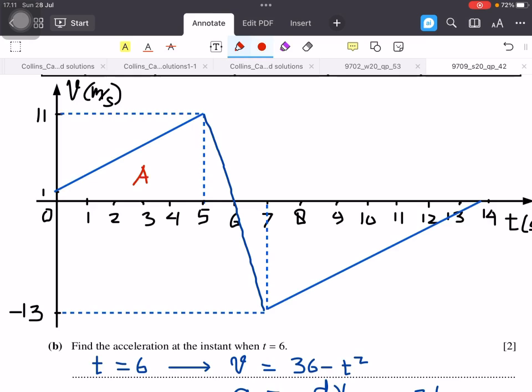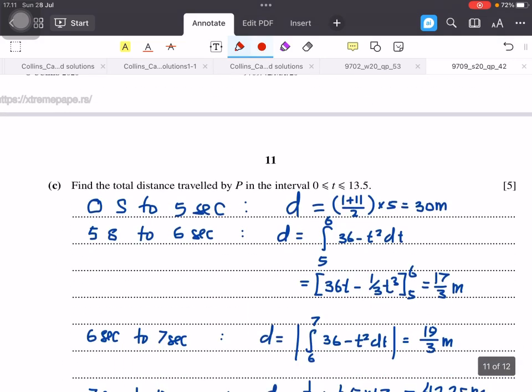This one is area 1, and then this one is area 2, area 3, and then area 4. I split this part of the graph into two areas because area 3 is actually negative, but since we are finding distance, later we will take the absolute value of area 3 since distance is always positive.